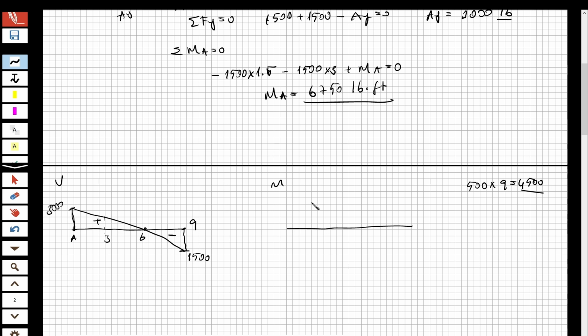So let's draw the moment diagram. For the moment diagram, I have a moment at A equal to 6,750 pound-feet. Okay. So when I take the area of this shape, I am going to obtain 2,250 pound-feet as the moment.